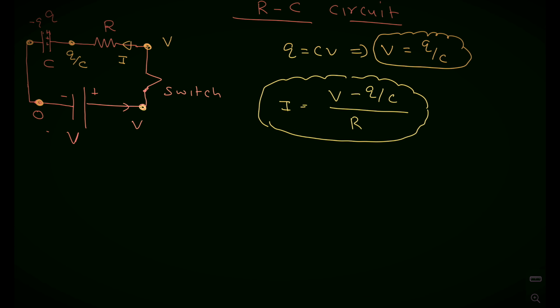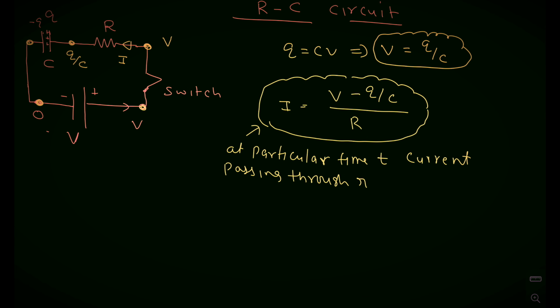At a particular time t, the current passing through the resistor is this only. Now, what is this?